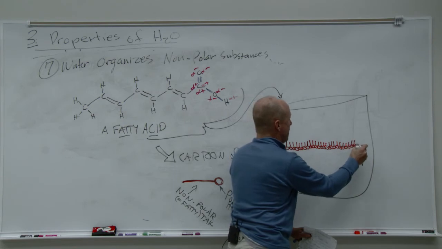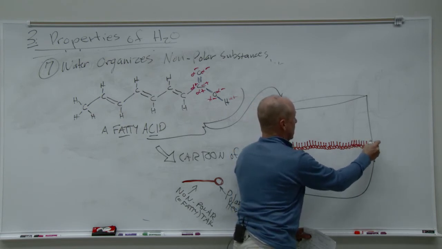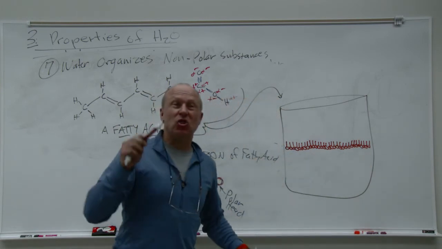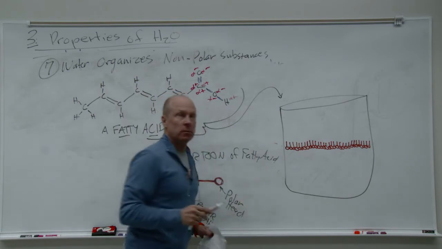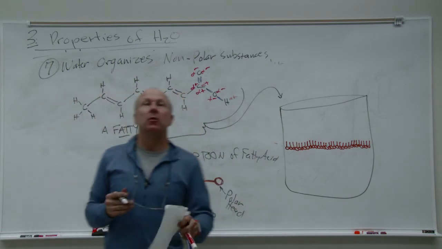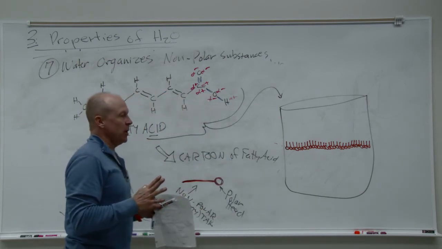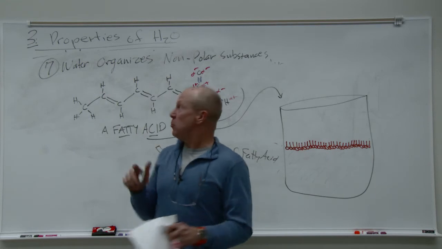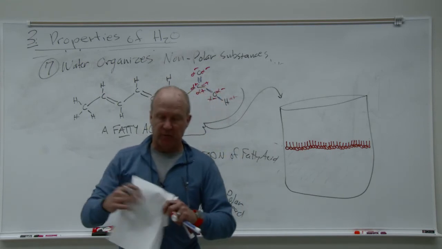Head down, tail up, because tail hates water and head loves water. That is the process of organizing these nonpolar tails. That's the nature of this particular property of water. Extremely cool. So now we're sitting with 7 incredible properties of water, and we got one more big one to kind of sink our teeth into.